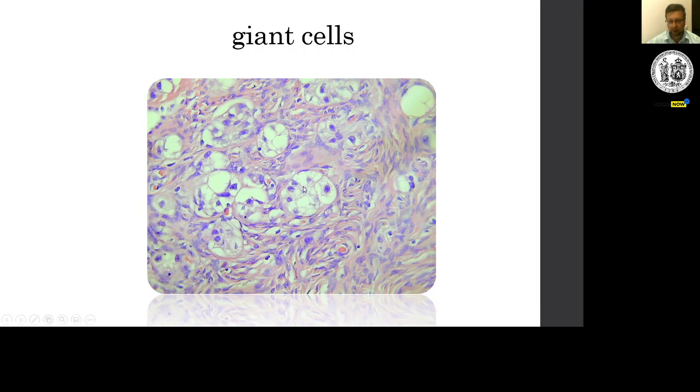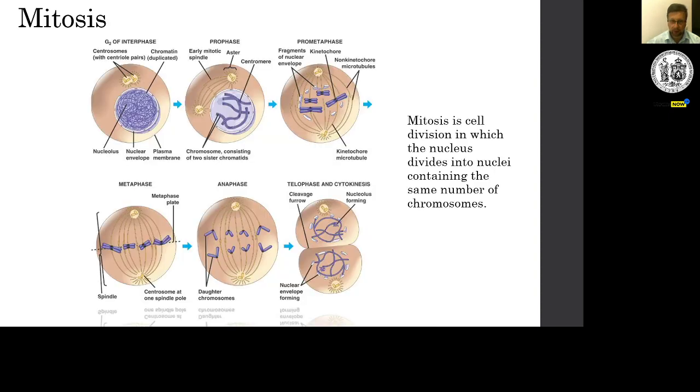Here on this slide we can see the giant cells. We can see a large amount of cytoplasm, and their nucleus spread through the cell in patches of chromatin. We know that those giant cells have lost their ability to divide and will have an increased rate of apoptosis. Here we can see a schematic presentation of mitosis.